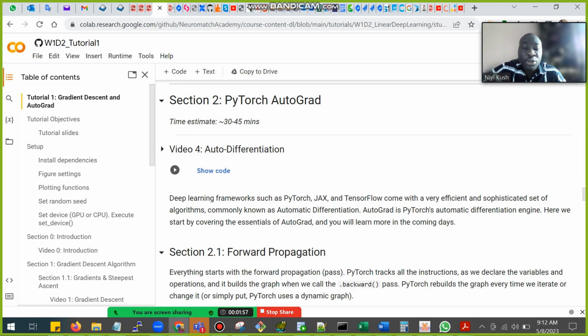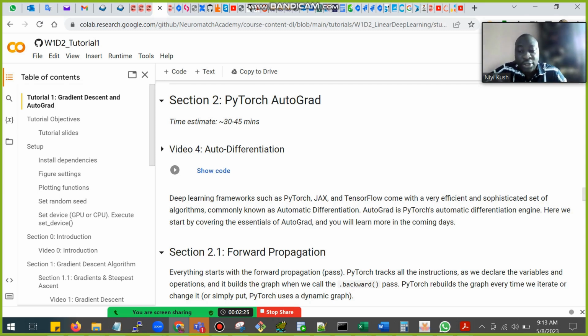That's why it's called PyTorch Autograd. And I will need to explain that Autograd is actually a reverse differentiation system. It records executed operations to produce a directed acyclic graph. And one thing we need to know is that the leaf of this graph is actually the input tensors, and the root of the graph is the output tensors.